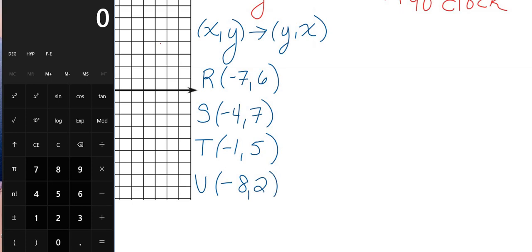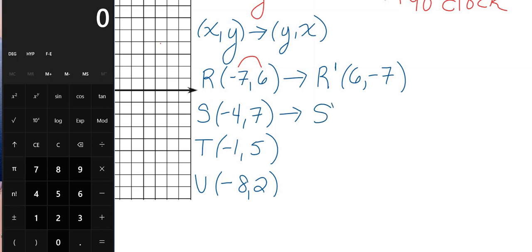Okay, so to apply the rule, we're going to have R, S, T, and U have their x and y coordinates switch places. So negative 7, 6 will turn into R prime, which is at 6, negative 7. So all they did was they switched places. Going on to S prime.